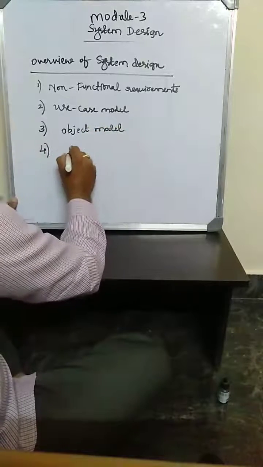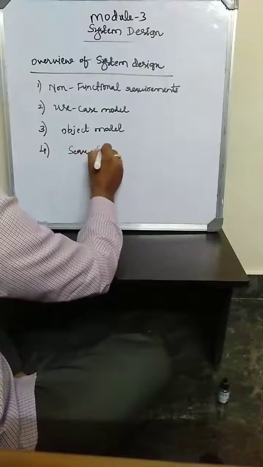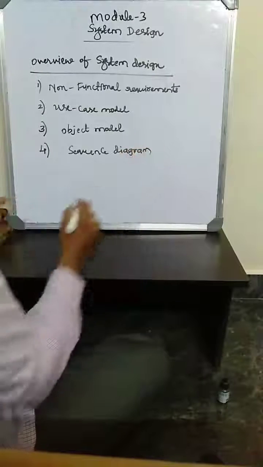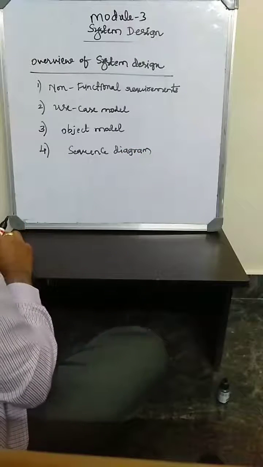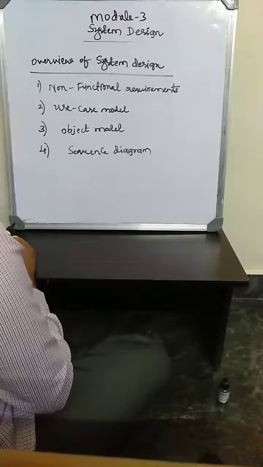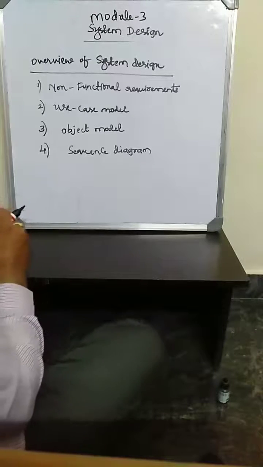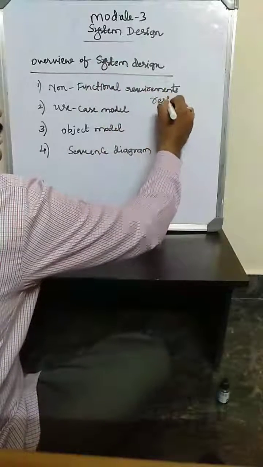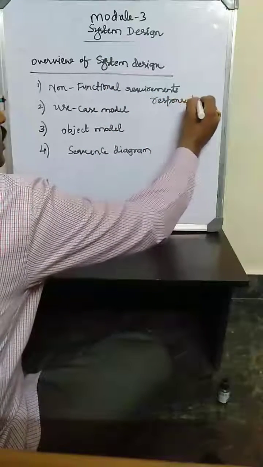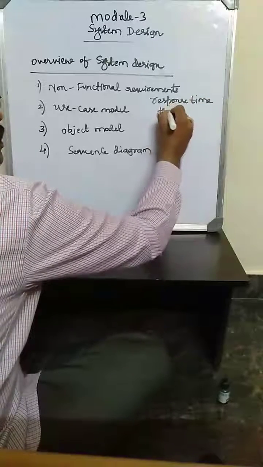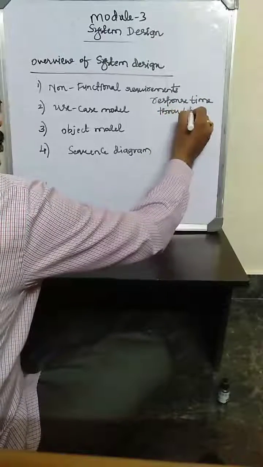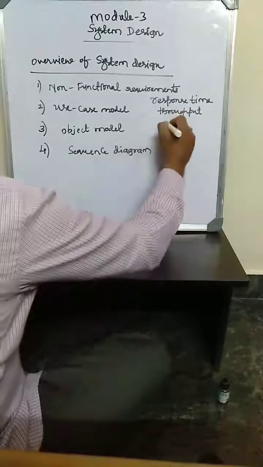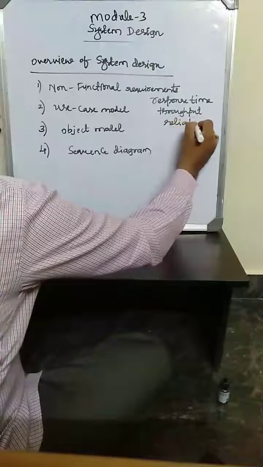And the fourth one will be a sequence diagram. So these are some of the products of system design. One is the non-functional requirement. Non-functional requirements may be response time, throughput, or reliability.